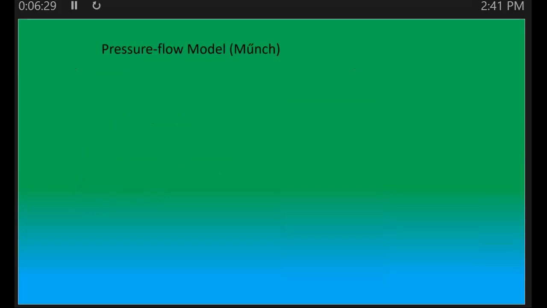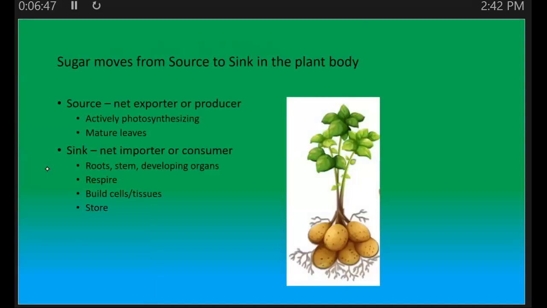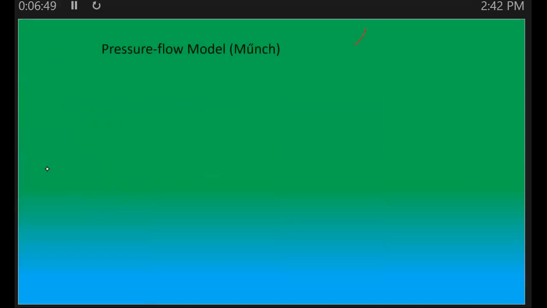Now they had to figure out how. How is this happening? Dr. Munch proposed the hypothesis of the pressure flow model. So again, we have to think about pressure. Dr. Munch proposed that there's going to be a pressure gradient from source to sink.